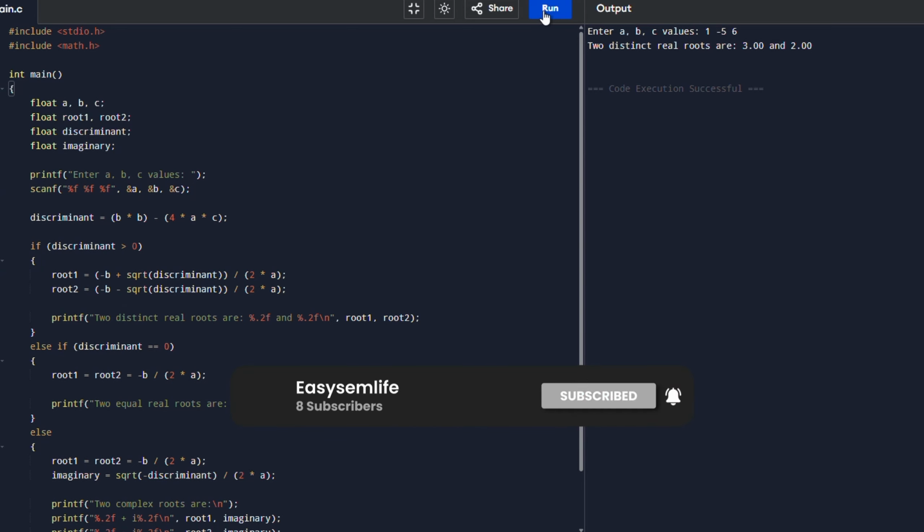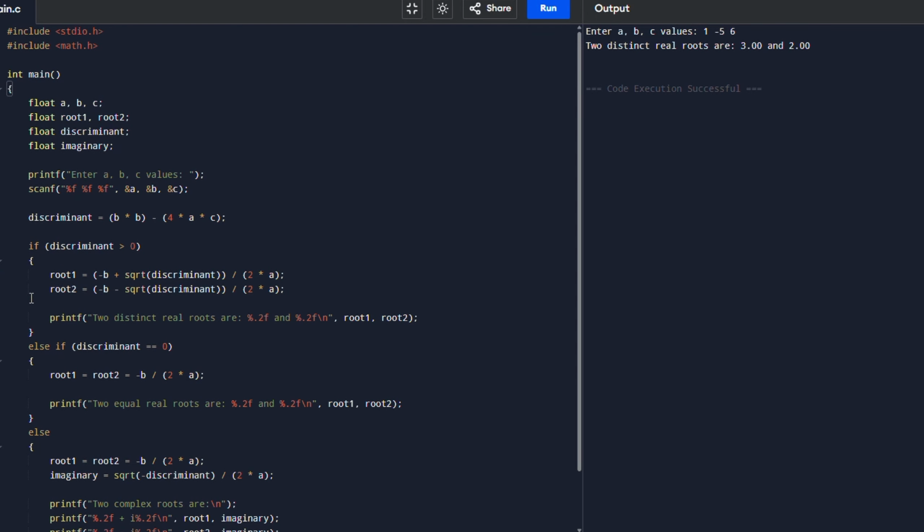Next it will calculate discriminant, that is b square minus 4ac, that is 25 minus 24 equals 1. So d is greater than 0, first condition becomes true, so it goes into this condition and finds the root 1 value and root 2 value. The roots become 3 and 2, which is true.